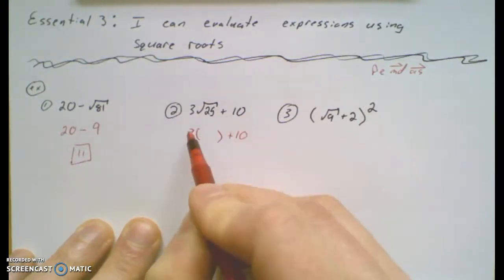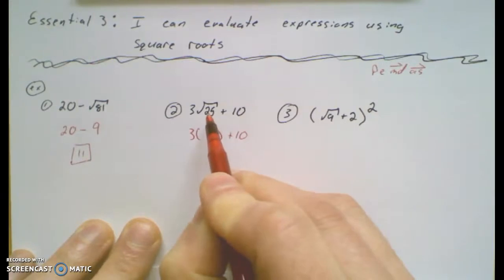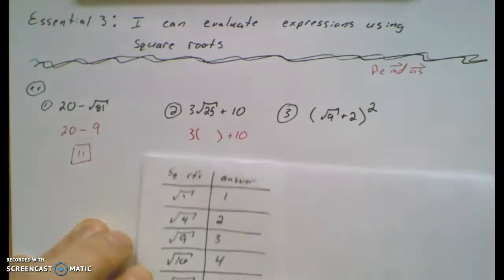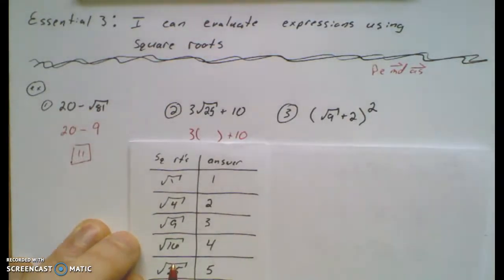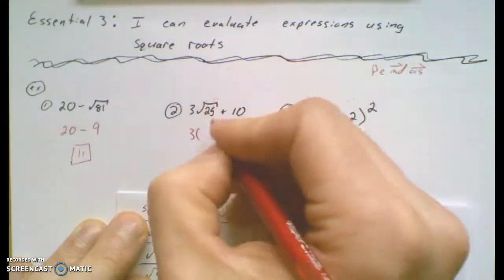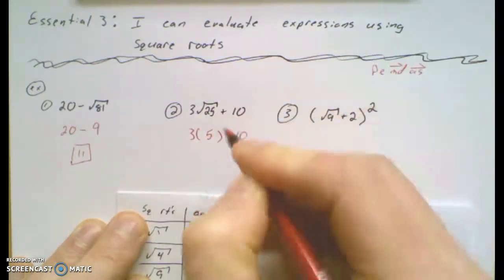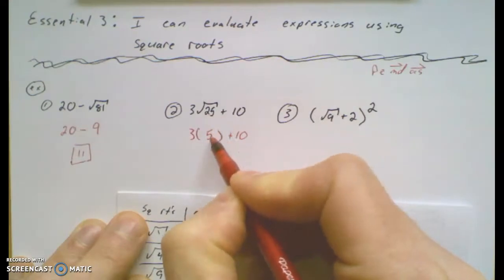On my sheet, I'm looking for the square root of 25. The square root of 25 is 5, because 5 times 5, or 5 squared, is 25. So that's just going to be a 5 right there.